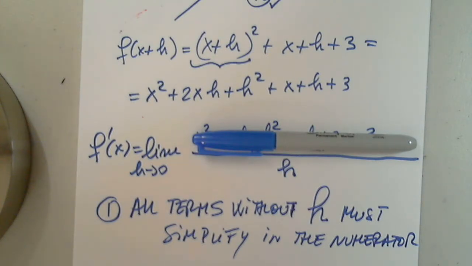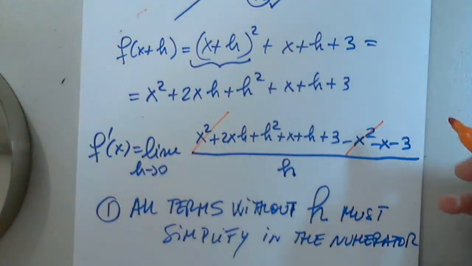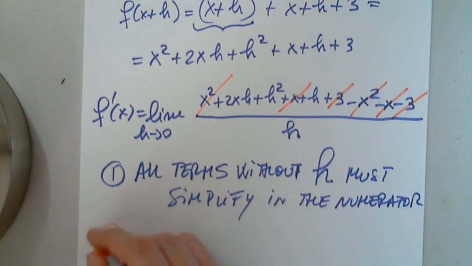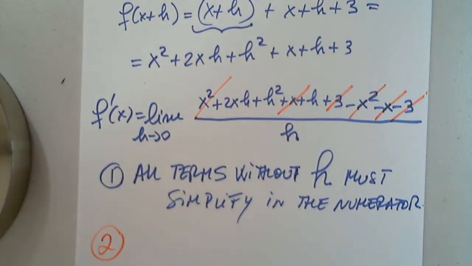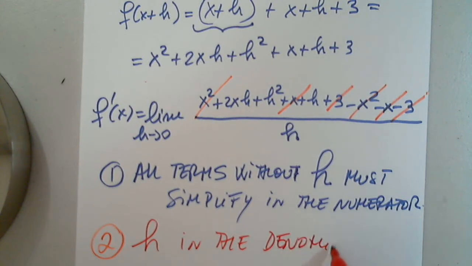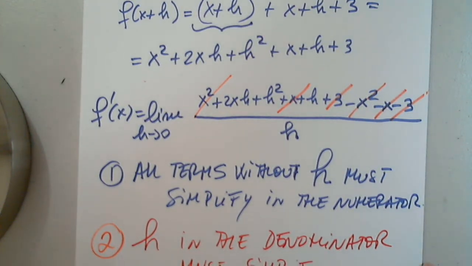If not all terms without h go away, then I have to start from scratch. They do. In step number 2, h in the denominator must simplify as well. It's a must.